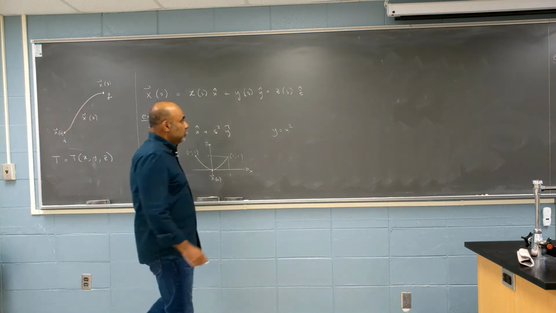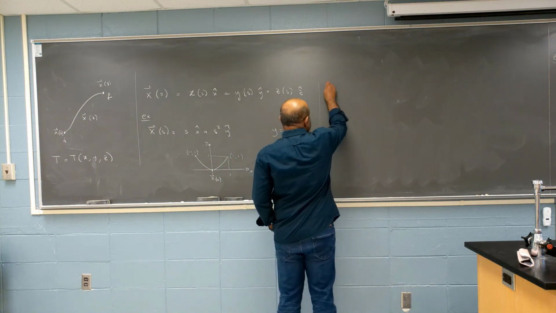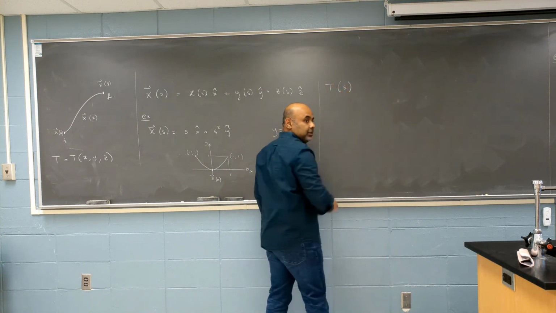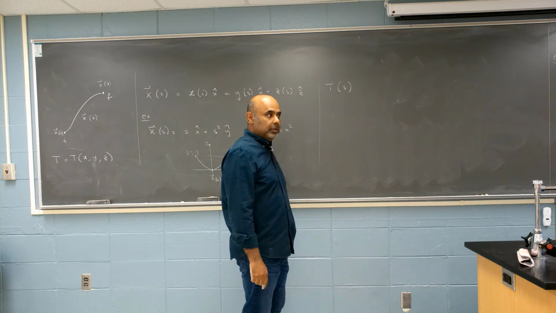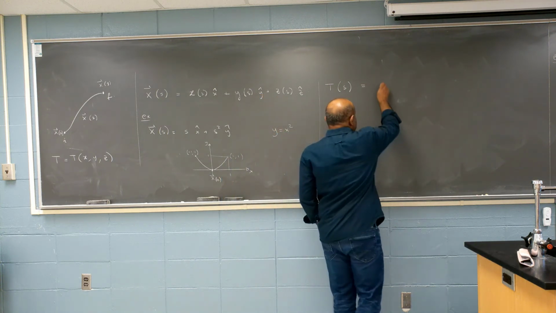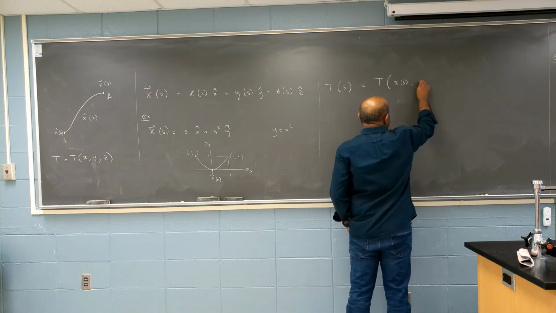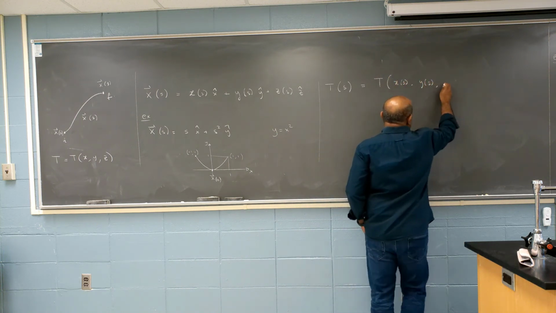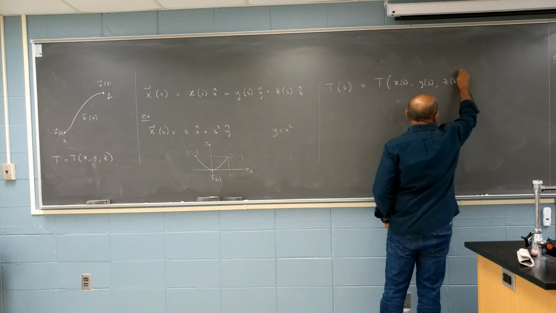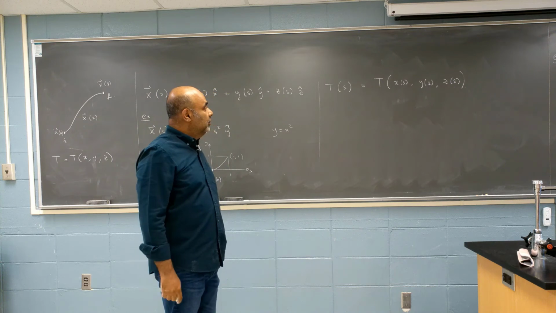Yeah? So there are many ways I can think of this function. I can think of temperature being a function of s. But it's really not directly a function of s. Temperature is a function of position. It just happens that along the curve, the position is a function of s.